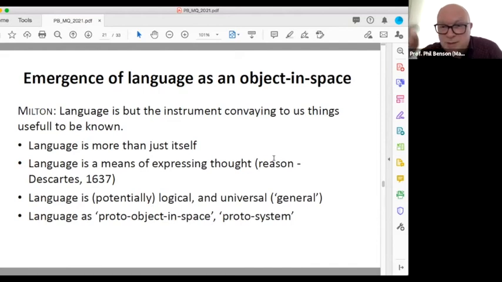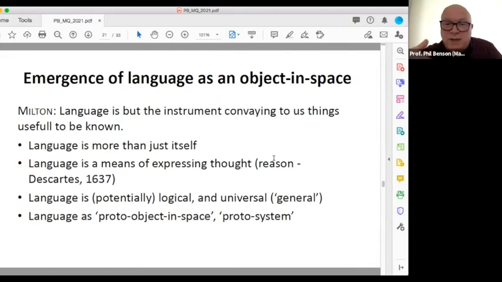And of course, Chomsky actually, in his early career, leapt back to this period as a source of ideas, particularly Descartes and the Port Royal grammar. So what we have here then, around the 17th century, is this emergence of language as a kind of proto-object in space and as a kind of proto-system.